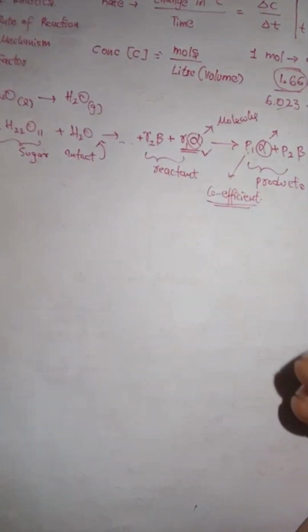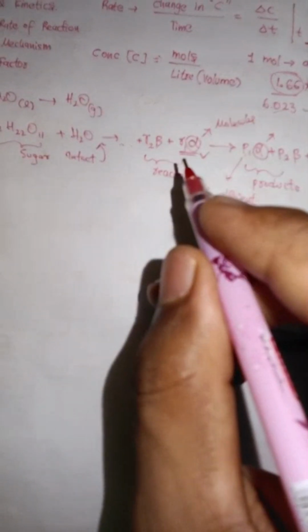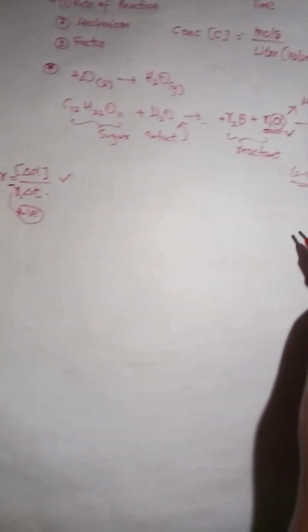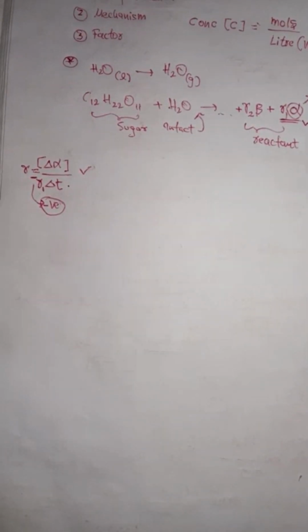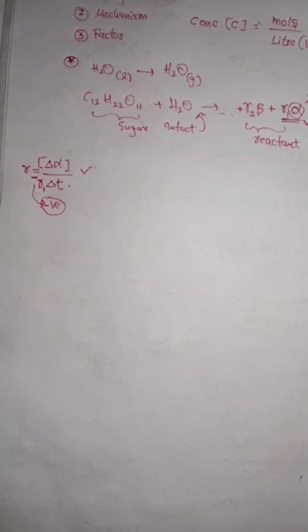As the reaction goes on, the concentration decreases. In order to make the rate of reaction positive, and the rate of reaction should always be positive, we need to take the negative sign, and this is what happens.